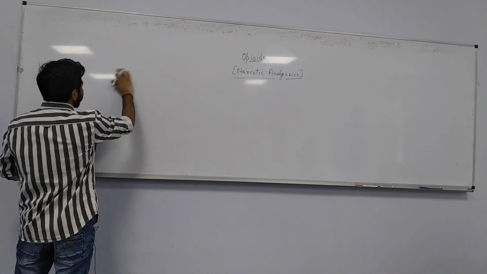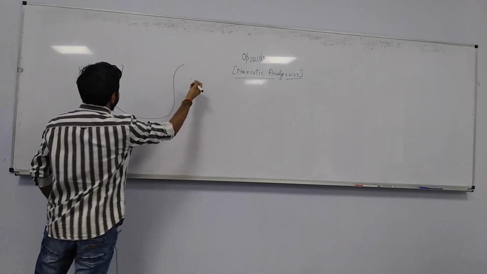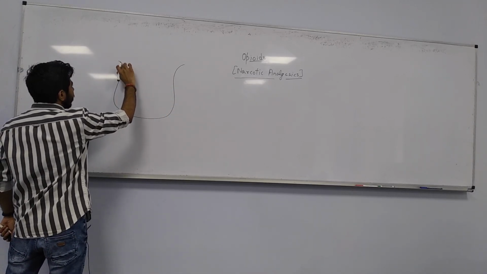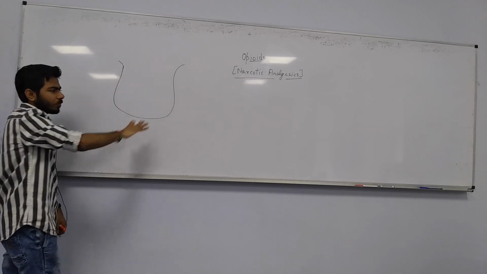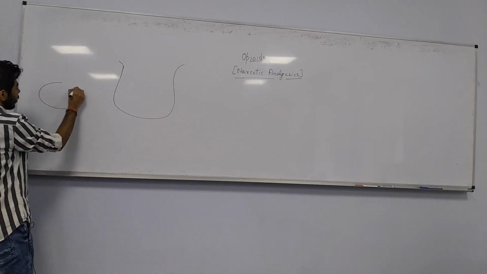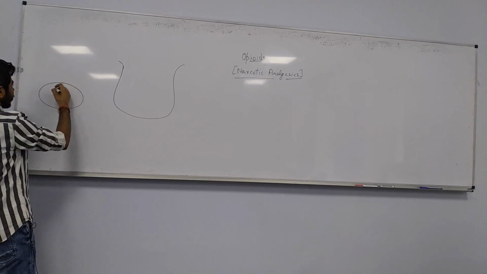So first of all, let's say this is the presynaptic neuron. I'm talking about the spinal cord over here. Let's say this is one part of a spinal cord, and the central canal is present over here.